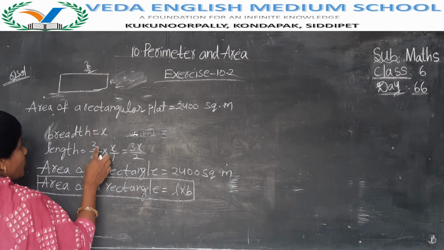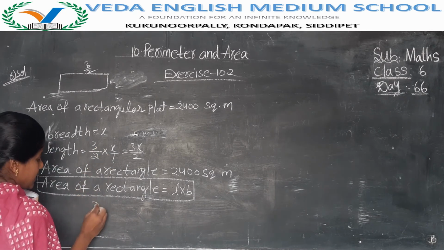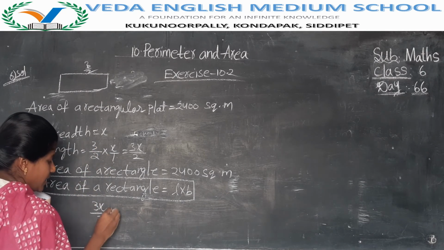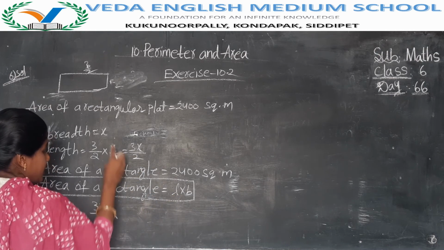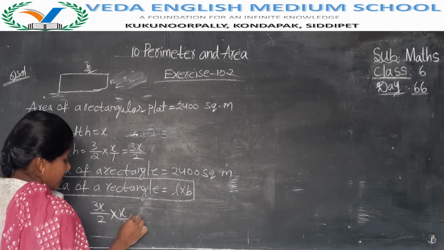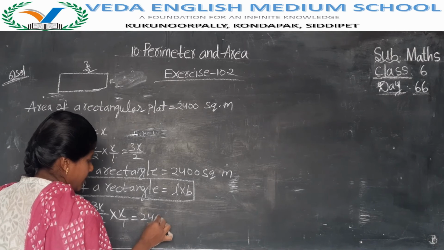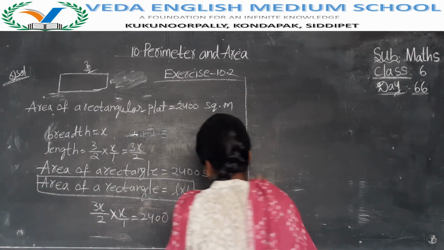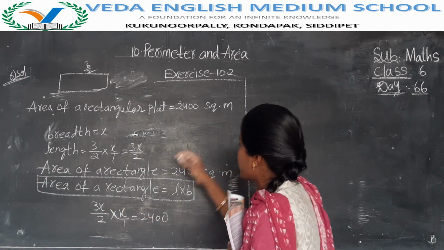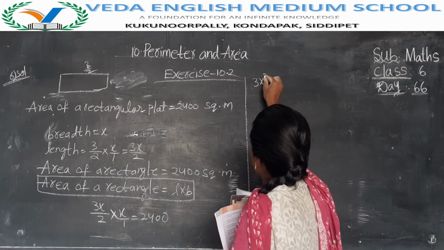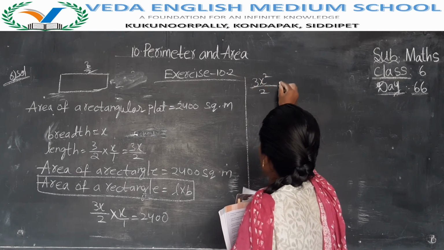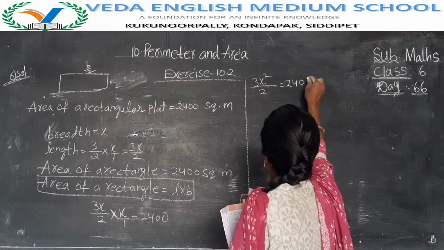So length is how much, Nana? Length is 3x by 2 into breadth. Breadth is x, so take it as x by 1, equal to 2400. Now 3x into x, that is 3x square by 2 ones are 2, is equal to 2400.